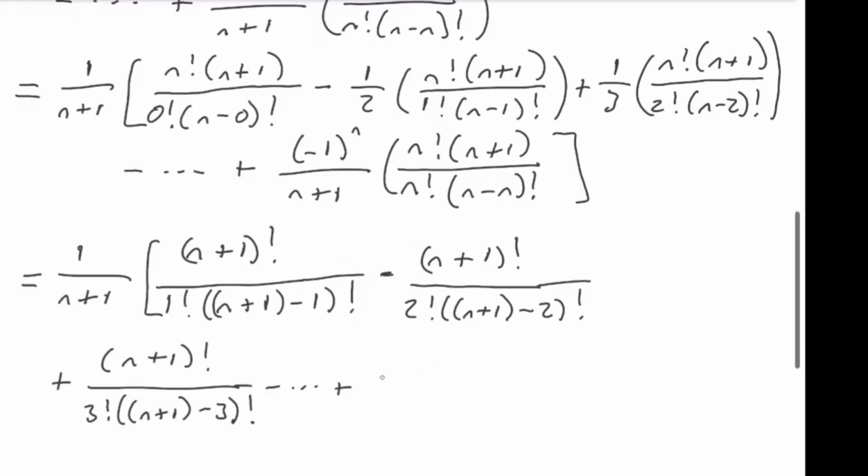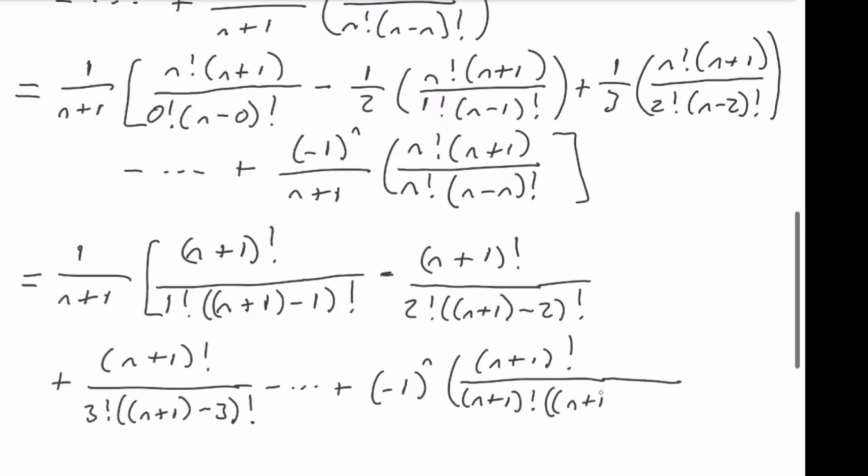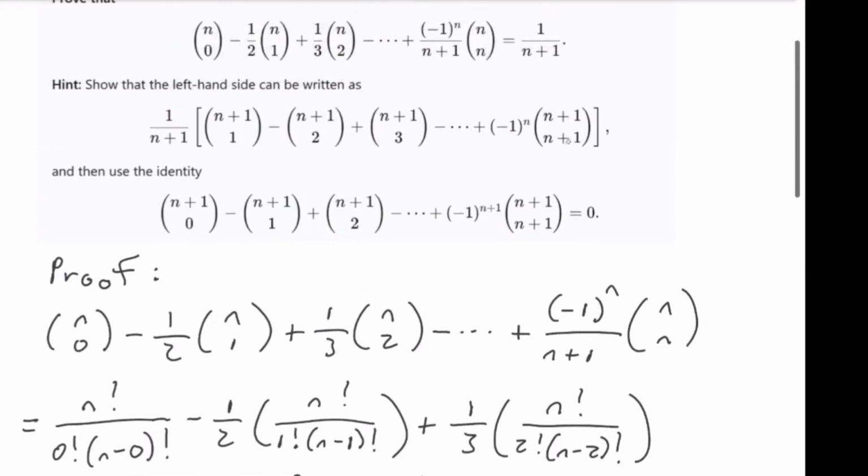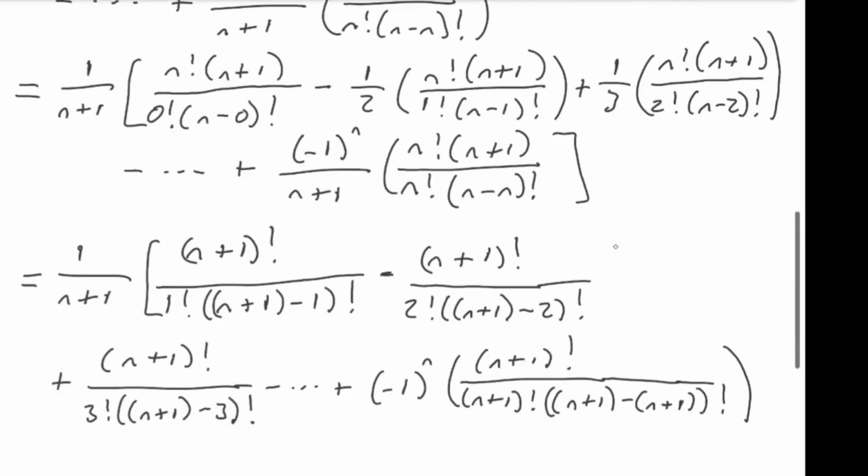I'll have (-1)^n times (n+1)! over, and see, (n+1) times n! is (n+1)!. And then I'm going to have (n+1-(n+1))!, right? Because I want the n+1 choose n+1. Okay?